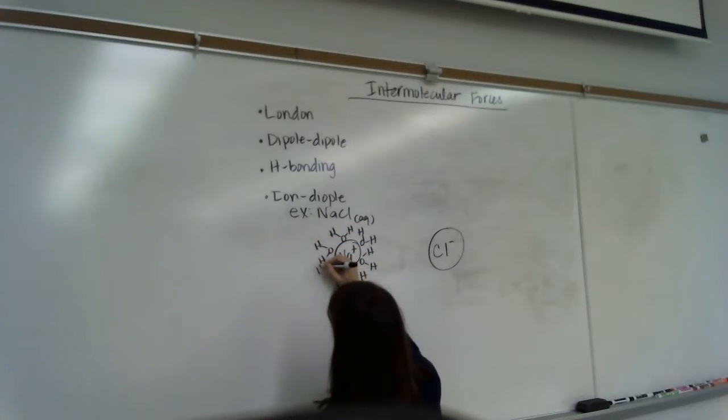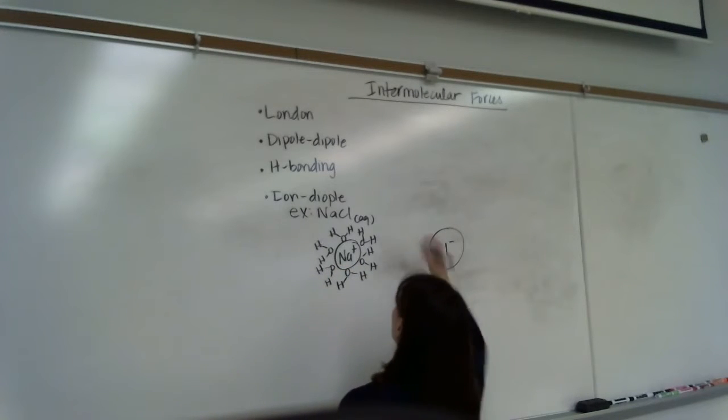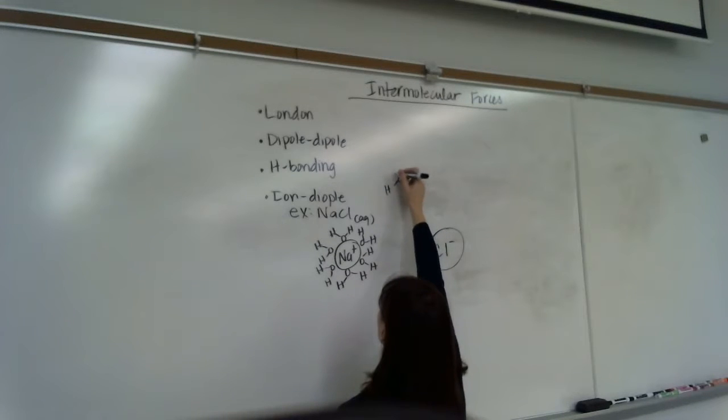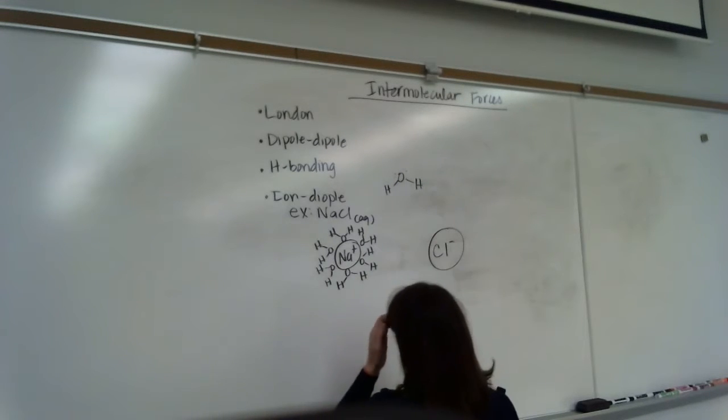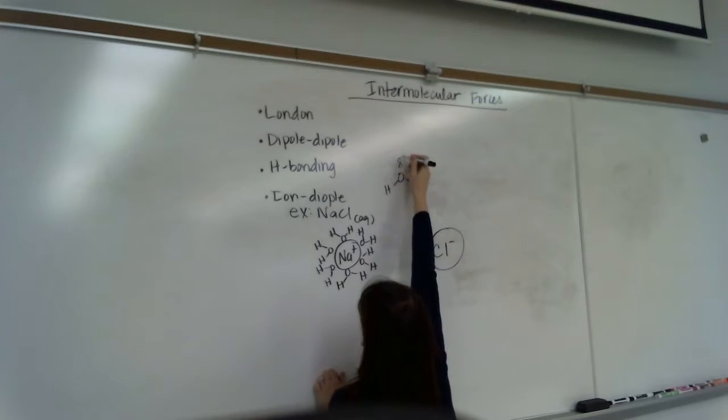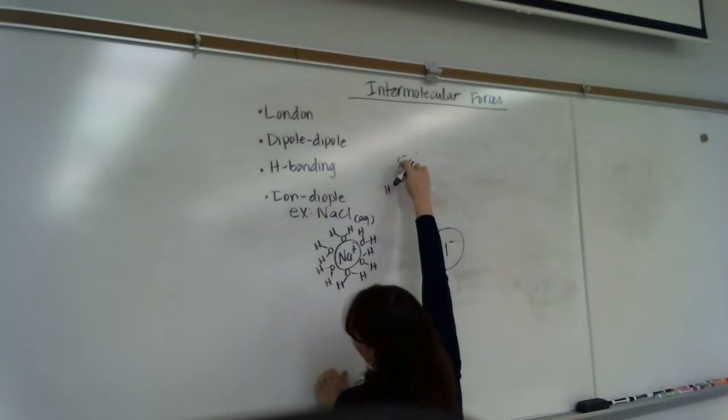Why am I drawing it this way? I am specifically drawing the oxygen facing in for a specific reason. If this is the Lewis structure for water, where is the partial negative charge on which atom? On the oxygen. That's the Greek letter delta, lowercase.